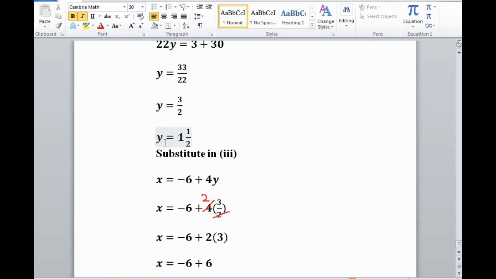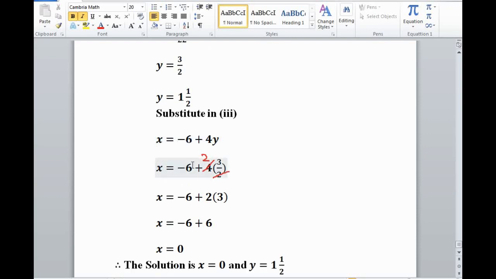So this is the value of y. Let's find x by substituting y equals 1 whole 1 upon 2 in equation 3. So equation 3 is x equals negative 6 plus 4y. Here y is 3 upon 2 or 1 whole 1 upon 2. If we change this mixed number into an improper fraction, we get 3 upon 2.